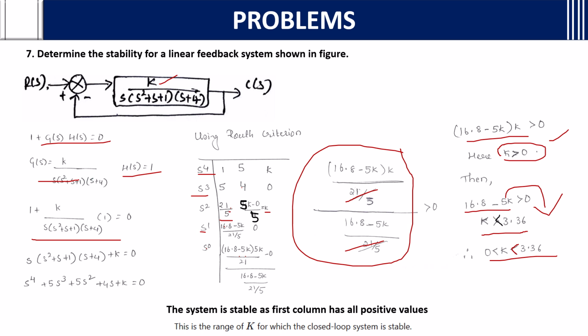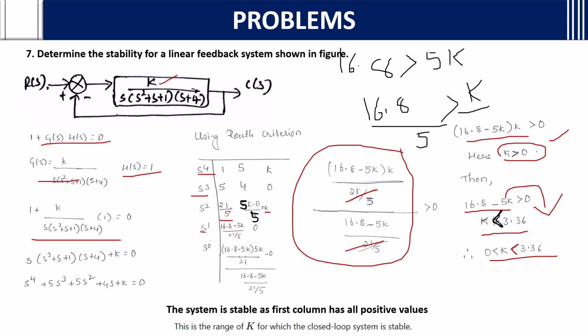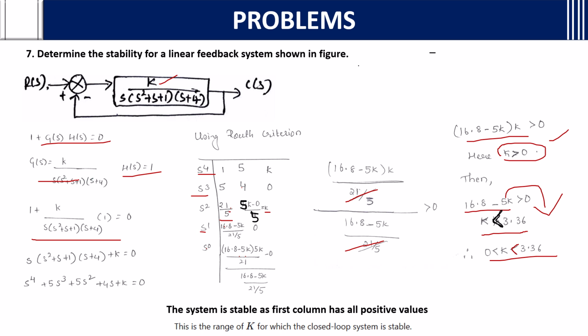Why? Because if 5k is sent this side, the greater than will stay like this only: 16.8 by 5 greater than k. So k will be less than this value. By mistake I have written greater than. For the last equation I have written it correct. It should be less than.